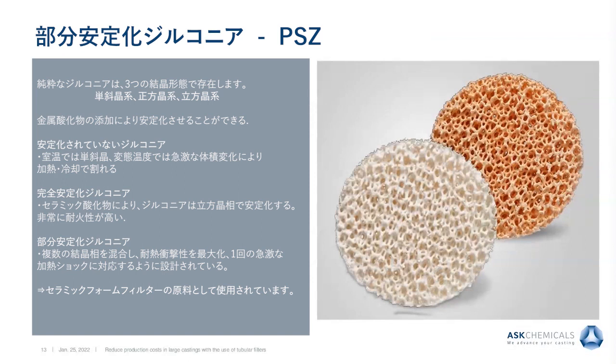That means partially stabilized zirconia. It is a mixture of different phases, and it is really maximized for thermal shock resistance and is mostly used as a raw material for ceramic foam filters for high pressure and load applications.